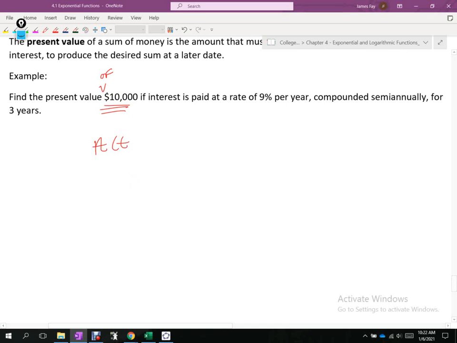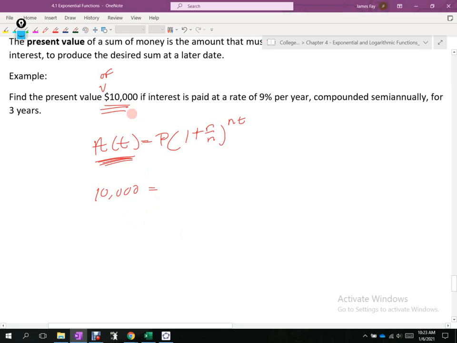So we have our formula A of t is equal to P times 1 plus r over n, raised to the nt. Our desired amount down the road, which is A after a time of 3 years, is $10,000.